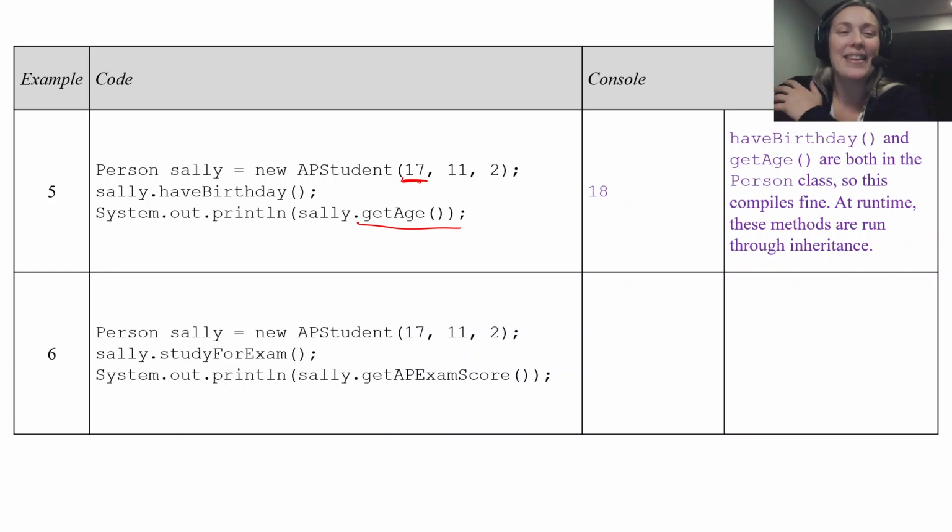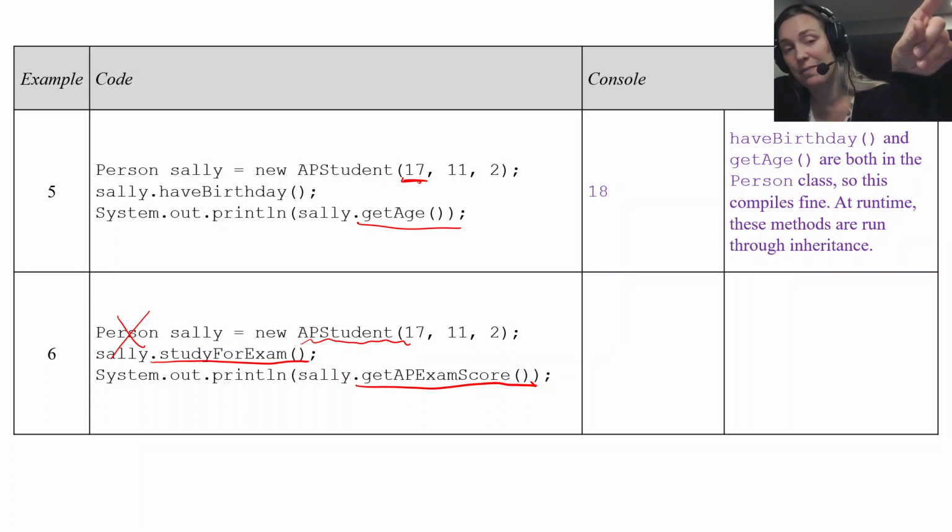All right, and then this one, person Sally equals new AP student, so same thing. Now I have Sally.study for exams and Sally.get AP exam score. Study for exams and get AP exam score, both of those are actually not in the person class, right? Those are two methods in AP student, but they are not in the person.